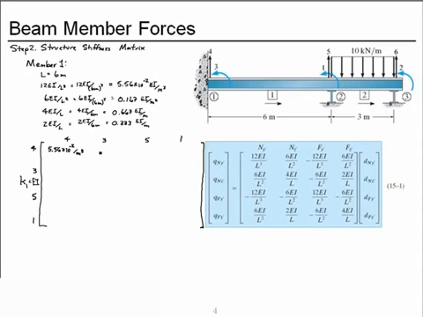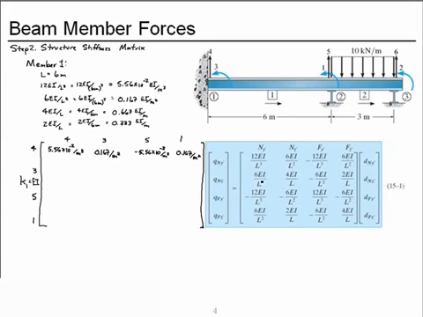Then we have the 6 EI over L squared, then the minus 12 EI over L cubed, minus 5.56 times 10 to the minus 2 per meter cubed, and then 6 EI over L squared, 0.167 over meter squared.